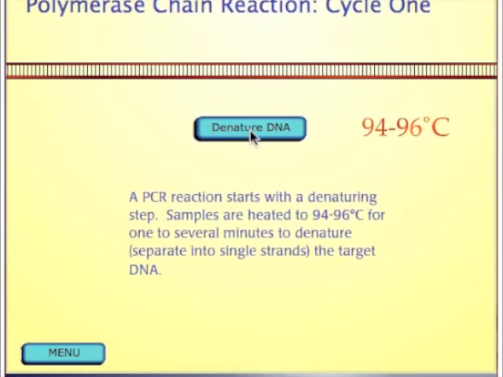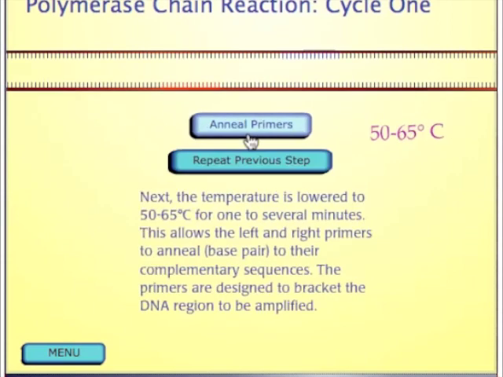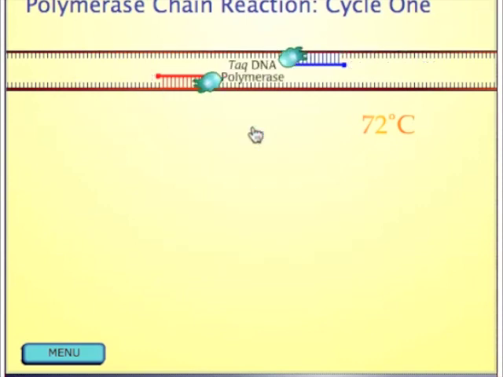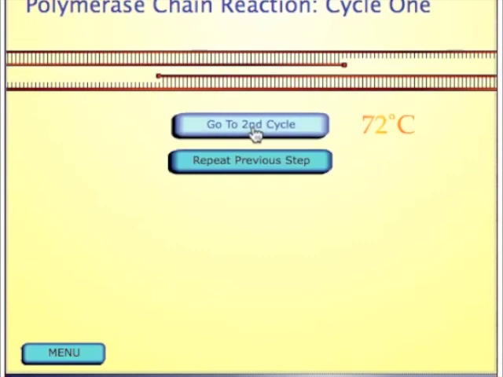This exposure to high heat denatures the double-stranded DNA, which is held together by relatively weak hydrogen bonds. The temperature is then lowered to 50 to 60 degrees, the temperature at which the primers anneal to their complementary sites on either side of the STR region. Next, the temperature is raised to 72 degrees, the temperature at which the Taq polymerase binds and extends the DNA one nucleotide at a time.